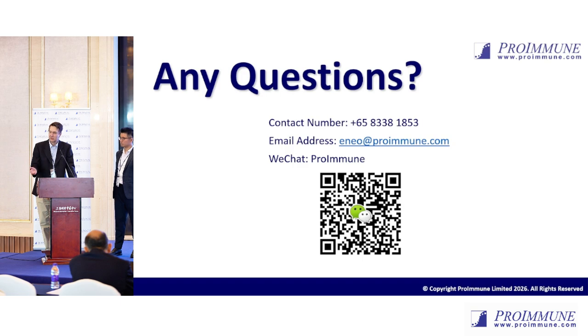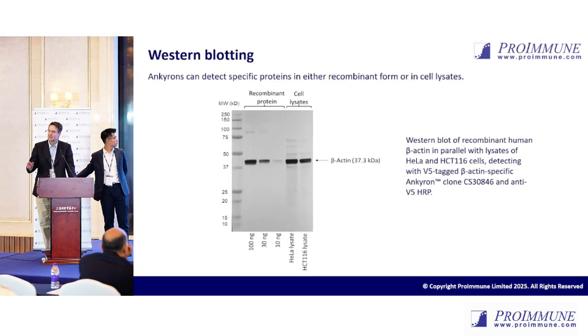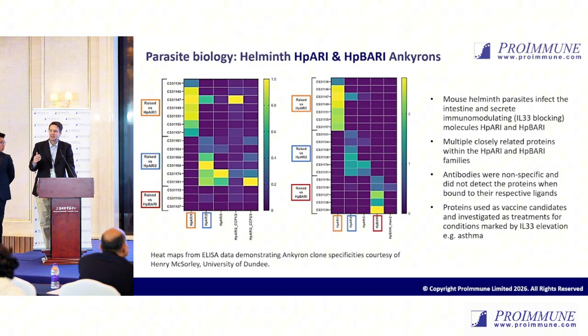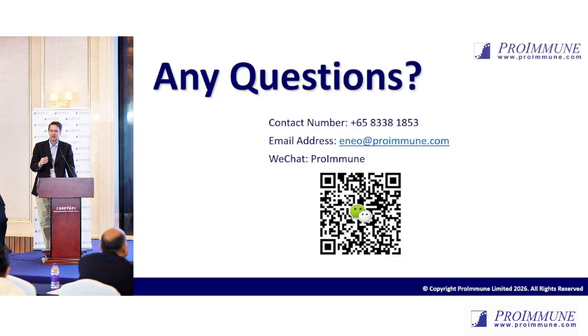So we got strongly neutralizing, subtype-specific Ankyrons without actually trying very hard. They just came out of a run where there were hundreds of other targets in it, and you get a very high quality product out of it. So it's basically a technology that accelerates research. That's how we position it, and that's the sort of value it can offer you.